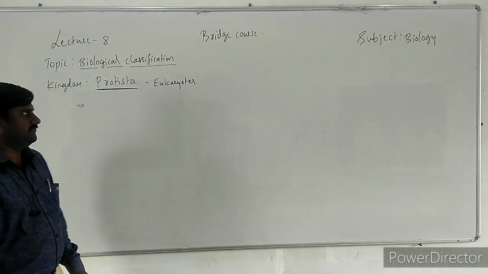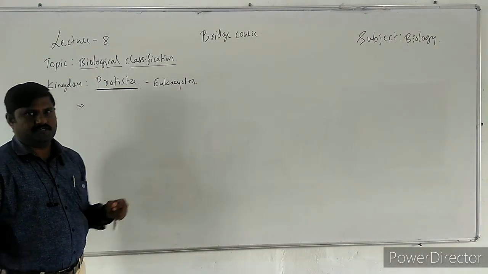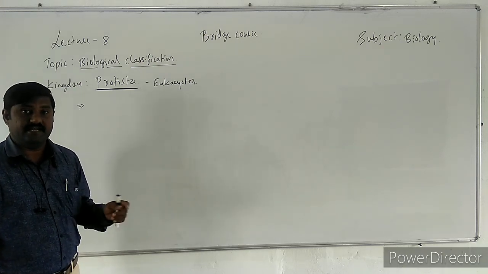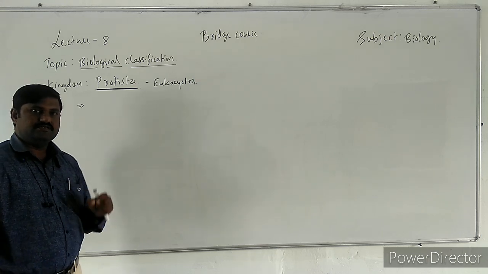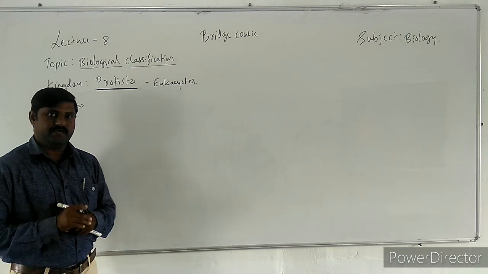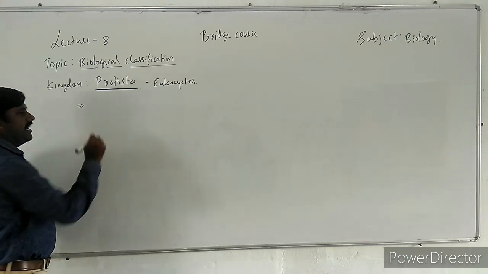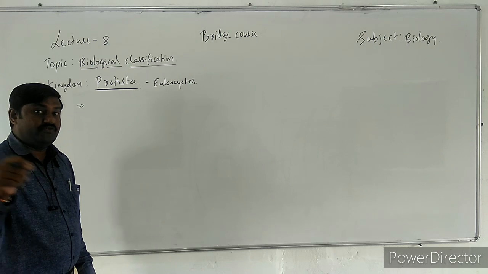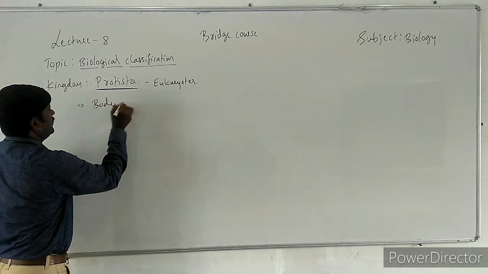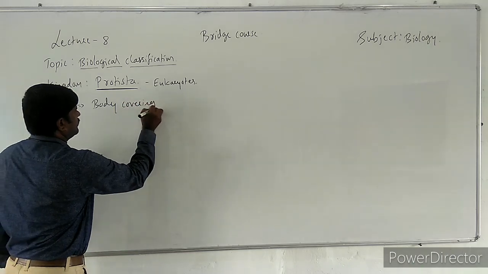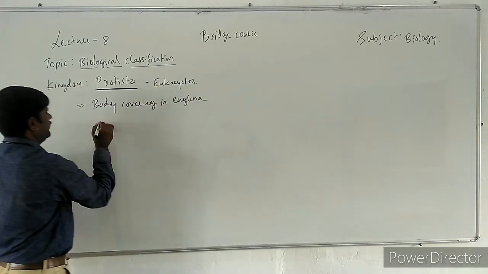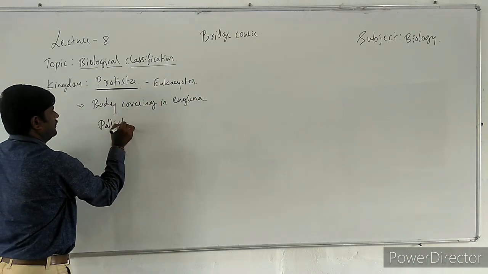Next characteristic feature is one unique feature in case of Euglena-like organisms, which come under the group flagellata. Those flagellates have one body covering. Usually we call it a cell wall. In the same way, the body covering in Euglena is the pellicle.